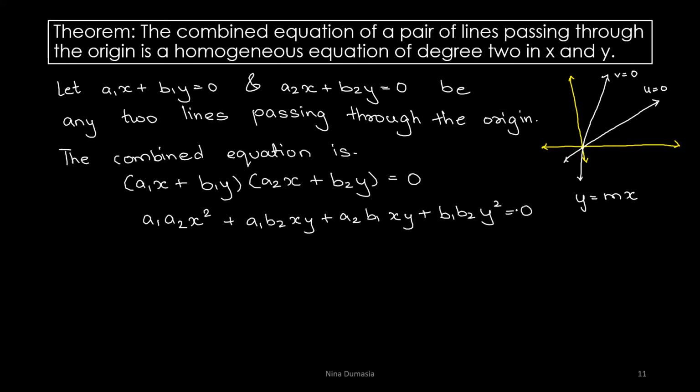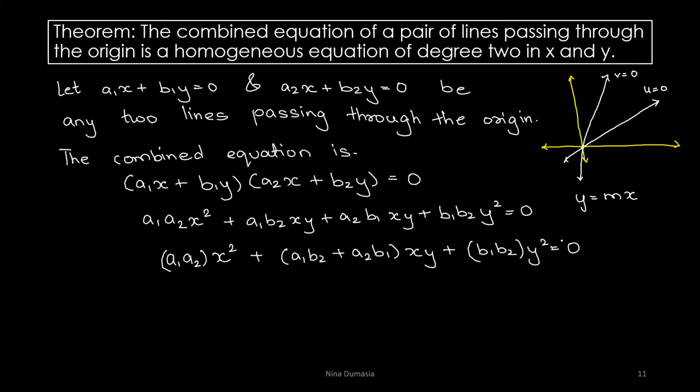Okay. Now if you observe this, we have x square, xy and y square terms. If we write it properly, we get a1 a2 in brackets x square, plus a1 b2 plus a2 b1 into xy plus b1 into b2 y square is equal to 0.